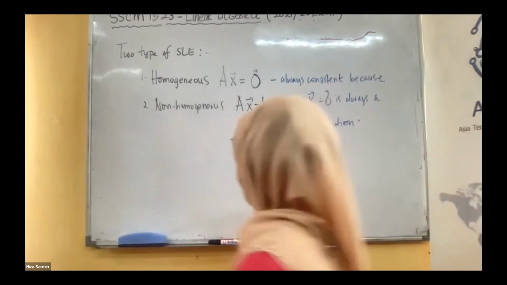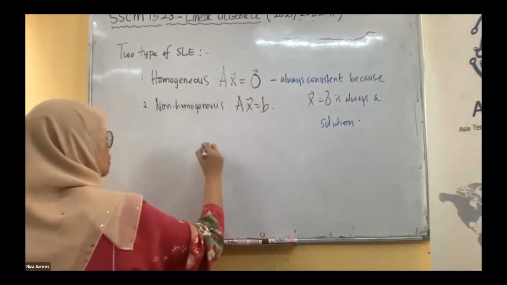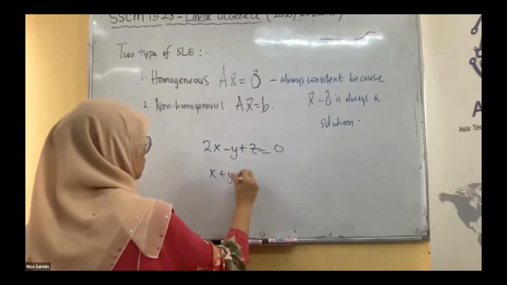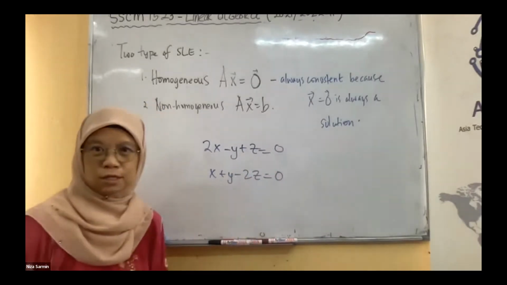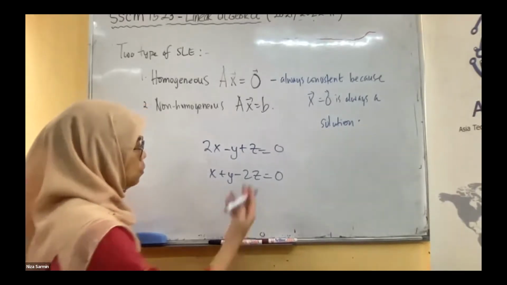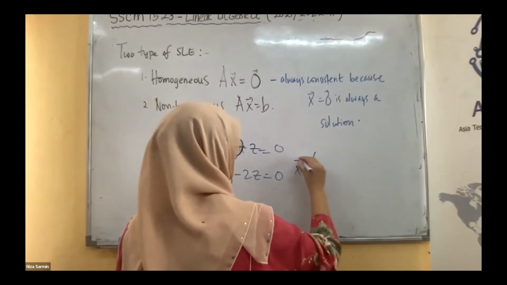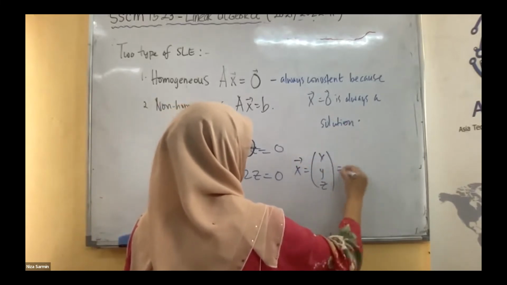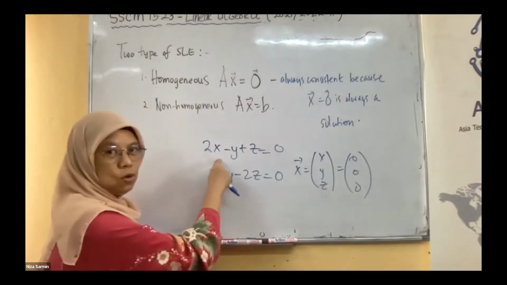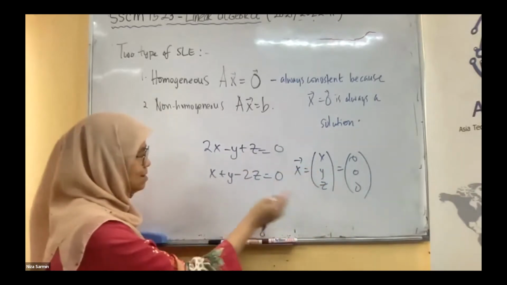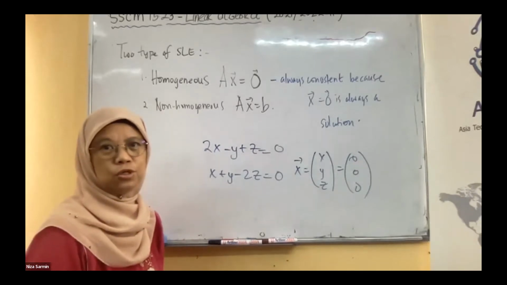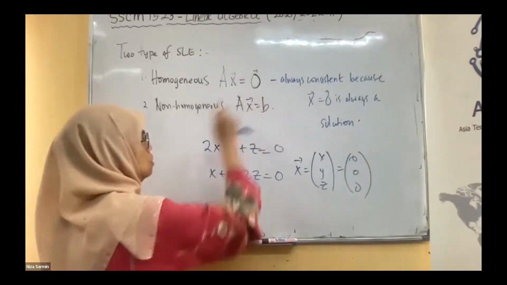If you have something like 2x minus y plus z is 0, x plus y minus 2z is 0, this is called homogeneous, equals 0, equals 0. So this is always a solution, because when you plug in 0 minus 0 plus 0 is 0, right? So 0, 0, 0 is always a solution. So it's always consistent when this is equal to 0.